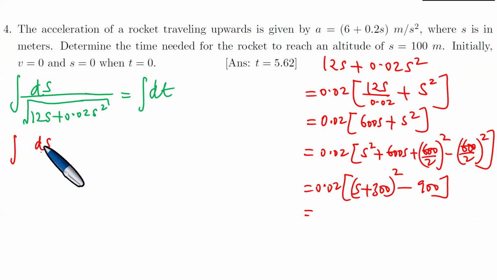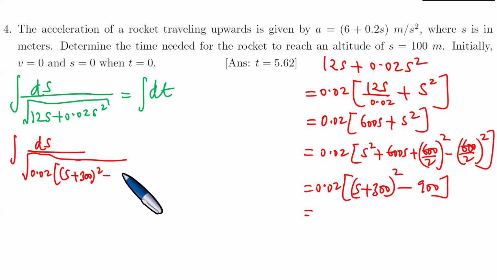And meaning that when you get to this point, we have exactly ds divided by the square root of 0.02 times the quantity s minus 300, squared, minus 900, and this is the integral of dt.